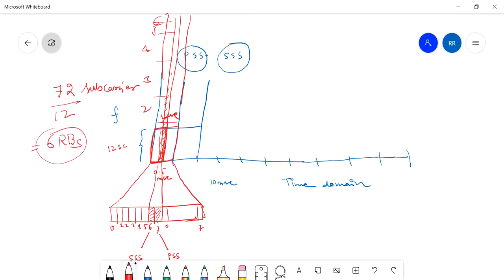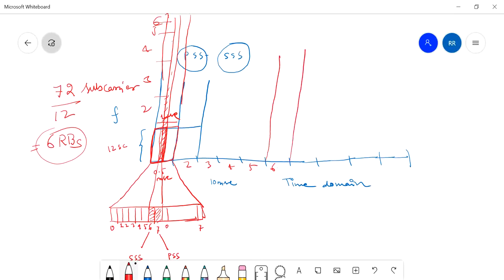Primary synchronization signal and secondary synchronization signal are also present on the first subframe and on the 6th subframe, so on 2 subframes they are present. So this is the first subframe, second, 2, 3, 4, 5, 6. It is also present the same at the sixth subframe.